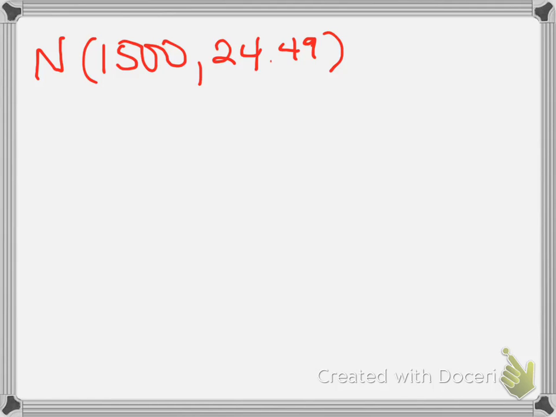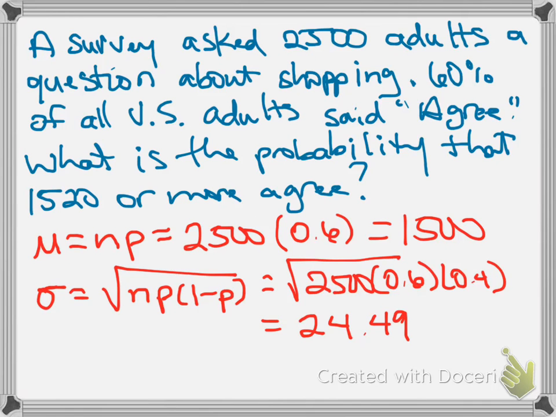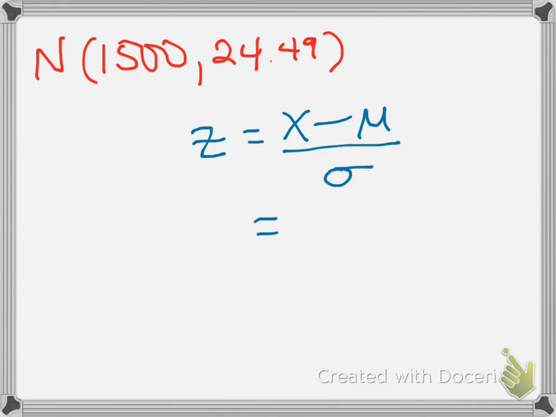So we need to do a little review of how to calculate a z-score. Z is x minus mu over our standard deviation. In this problem, x is 1,520, because we want to know the probability that 1,520 or more agree with our statement.